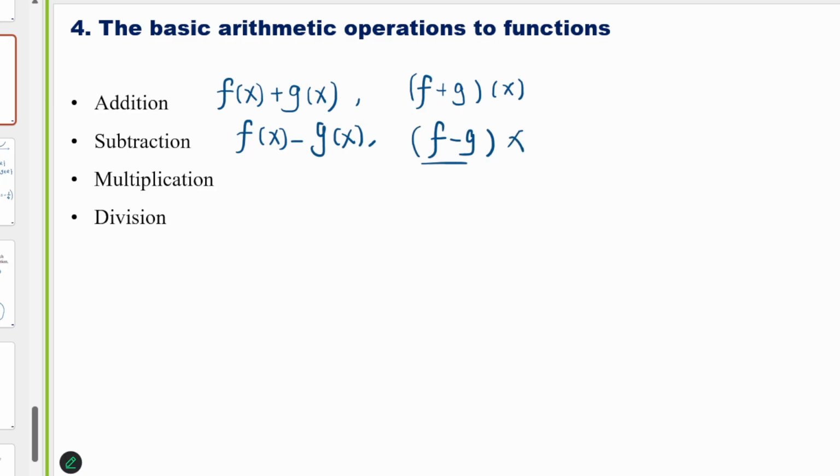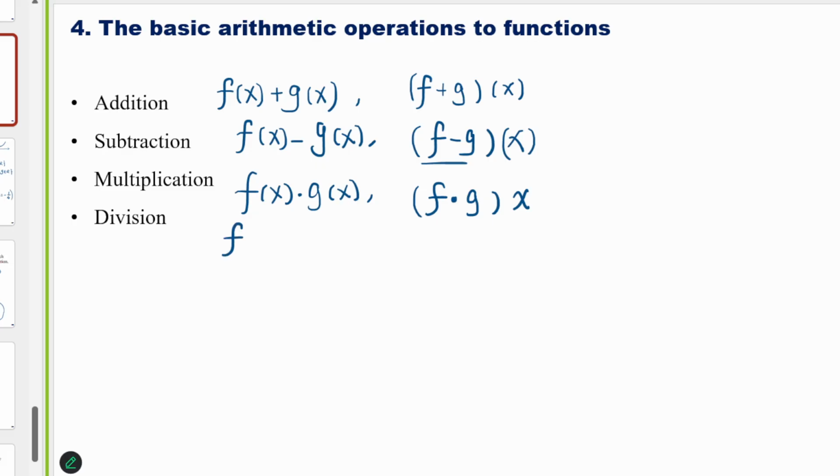So this is the name of that function. This is the input of that function. And again, similarly, f(x) times g(x) can also be expressed as f times g of x. Solid dot here, not a circle, okay?